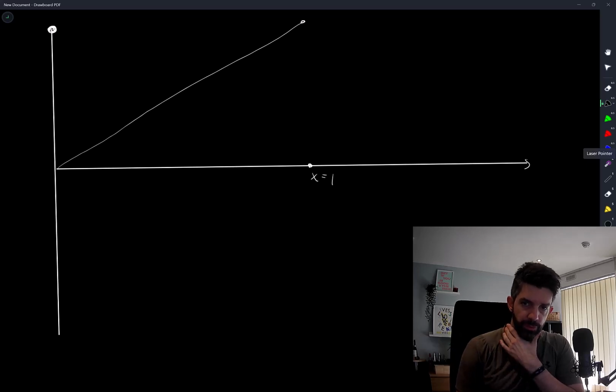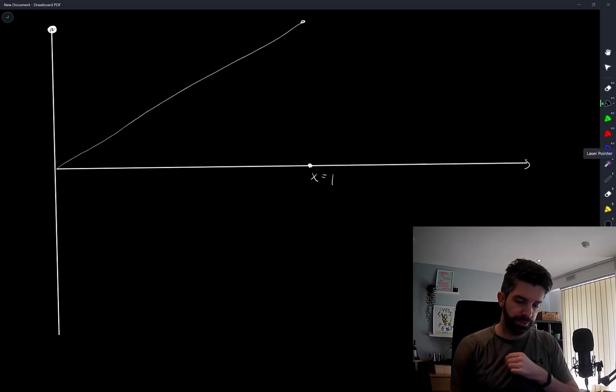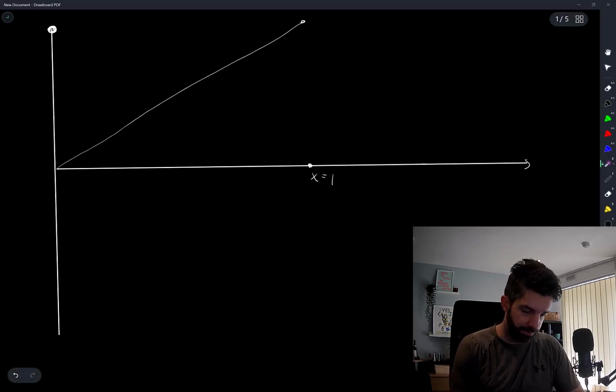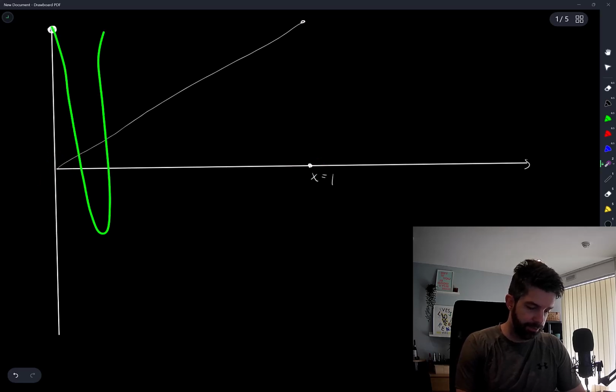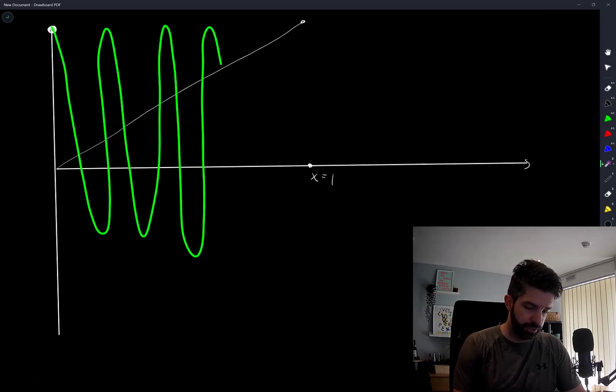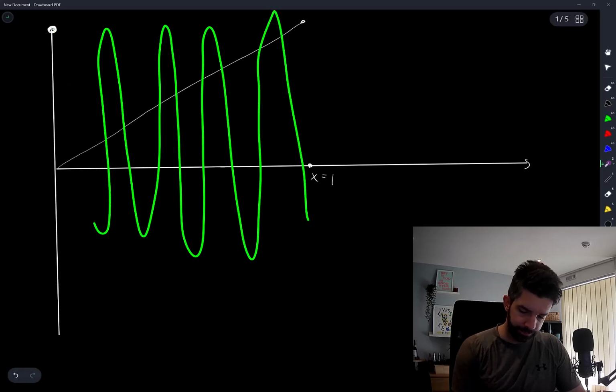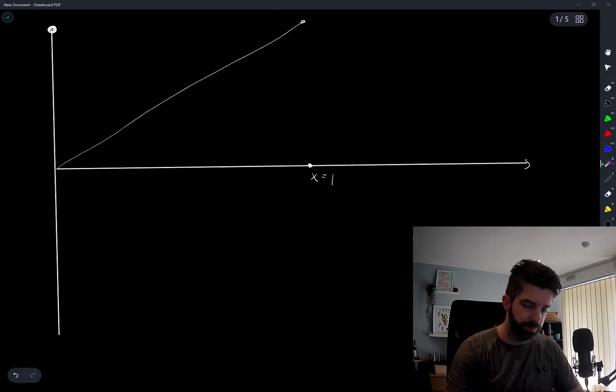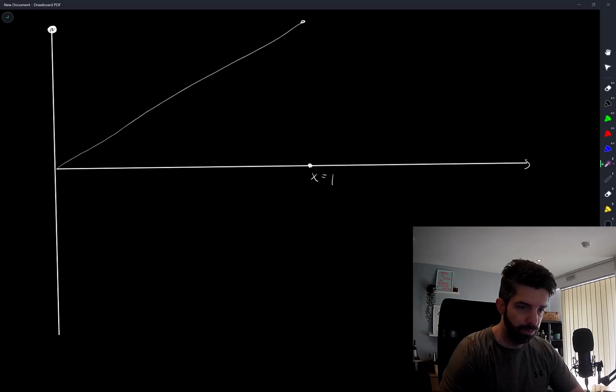When x is equal to 1, we have cosine of 97. Where is cosine of 97? So what I want to do is figure out, between 0 and 1, how many periods the cosine function goes through, and then we should just be able to count how many roots there are.